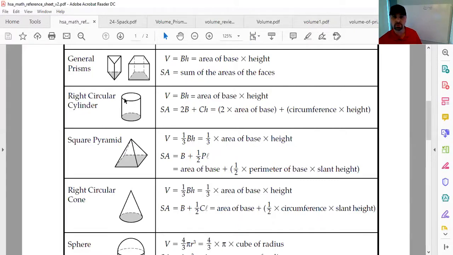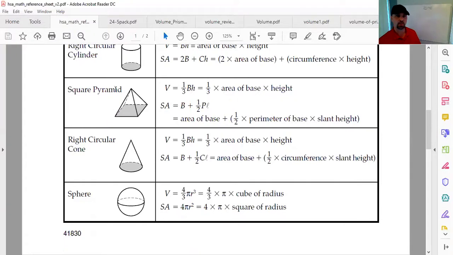So we're going to do the same thing we did with area: find the area of the circle on either the top or the bottom of the cylinder, and then drag it times the height. I actually don't like this formula, BH, area of base times height, because we have a better one, and I'm going to pull that up from the formula sheet in just a minute. Pi r squared times height.